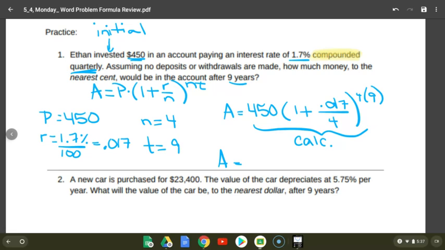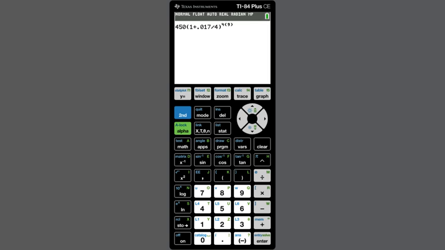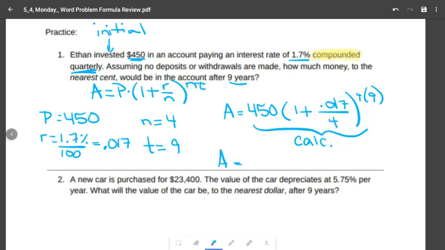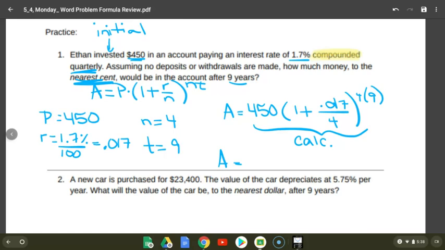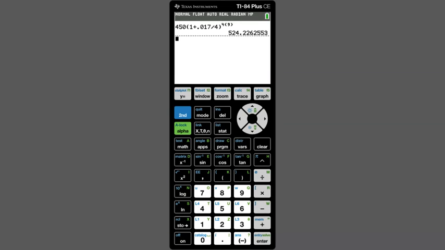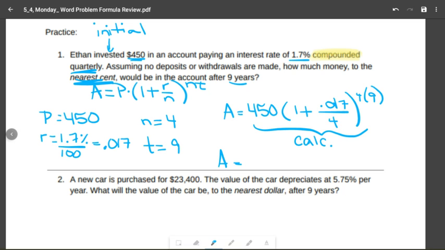Let's do a quick check. Yep. Hit enter. It says to the nearest cent, so that would be 2 decimal places, so 524.23. So there is your answer.